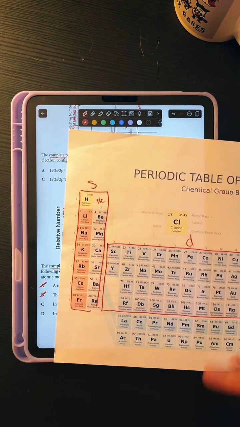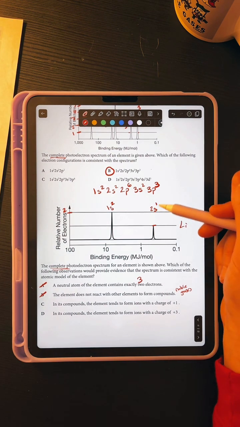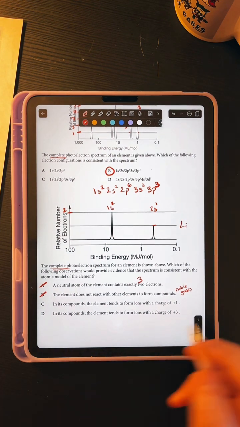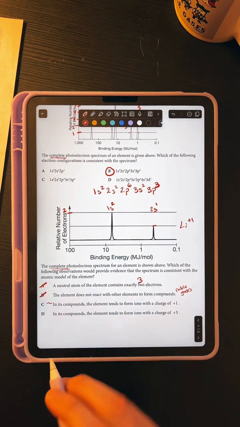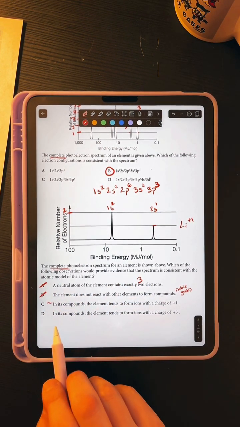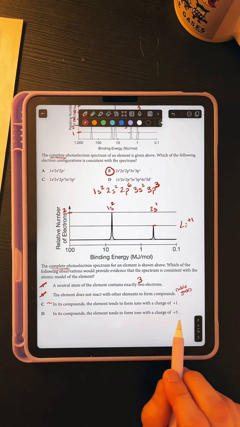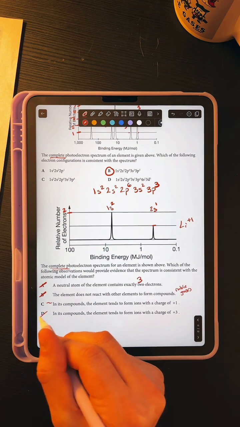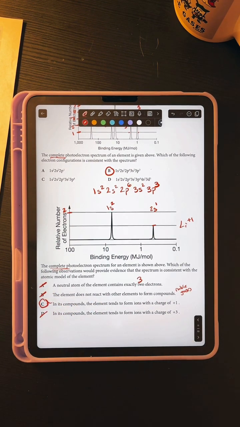And it's in the first group, so it only likes to lose its only electron, that 2s1 electron, making it a +1 charge. So that one could be correct. Let's just double check and make sure that the other one is not. In its compounds, the element tends to form ions with a charge of +3. We just said that that one forms a charge of +1, so C is the correct answer.